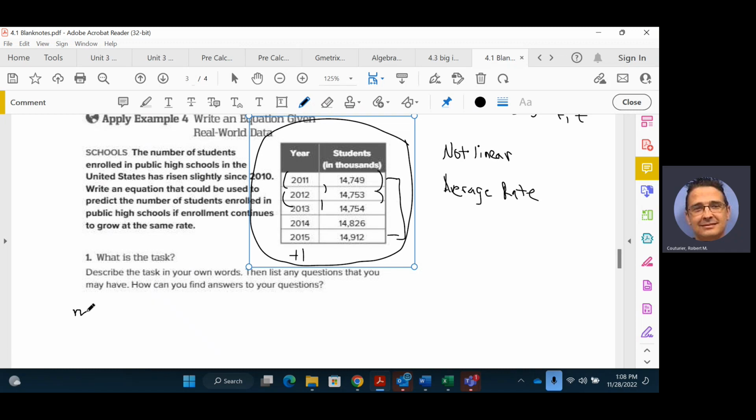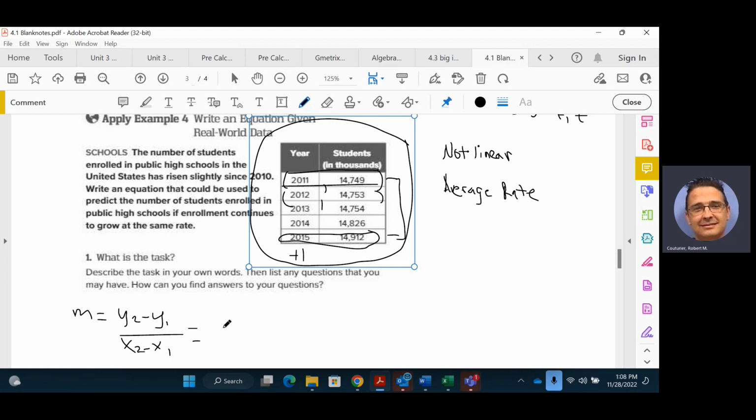So our slope formula, m equals y2 minus y1 over x2 minus x1. I'm going to use our last point, this one, and our first point.